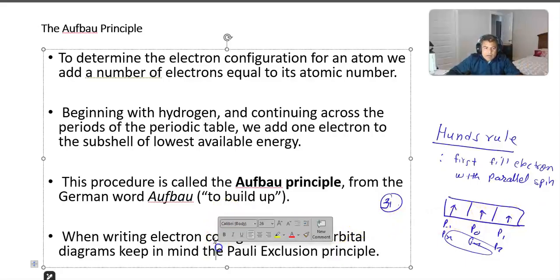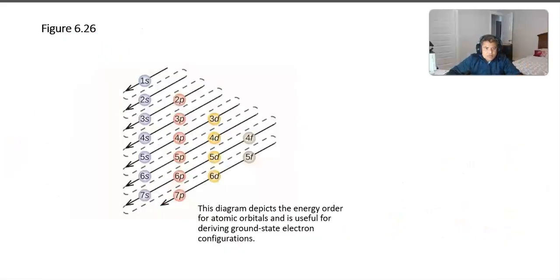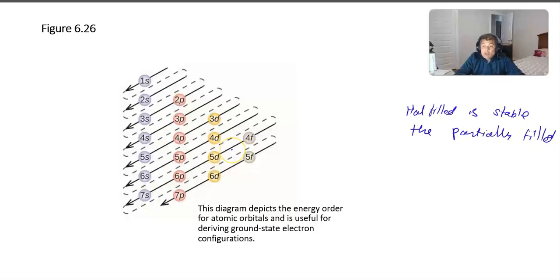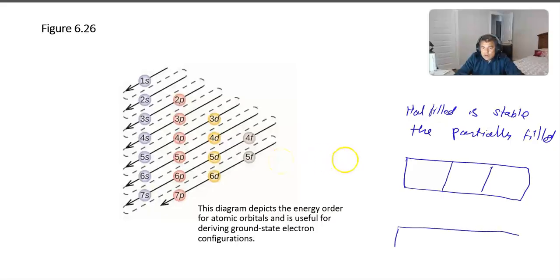And the other is the half filled rule. Half filled is more stable than partially filled. That is another rule. So for example, let's say this is p orbital, 1, 2, 3, and we will take the p orbital in another scenario.